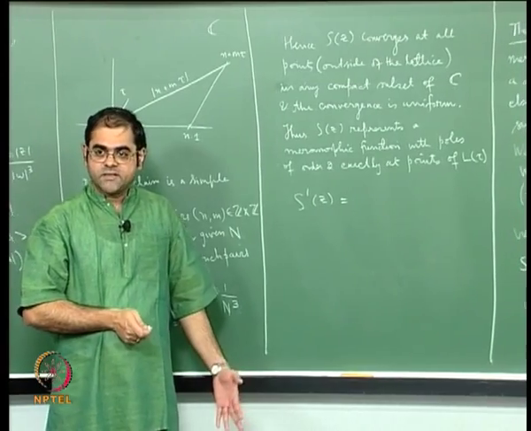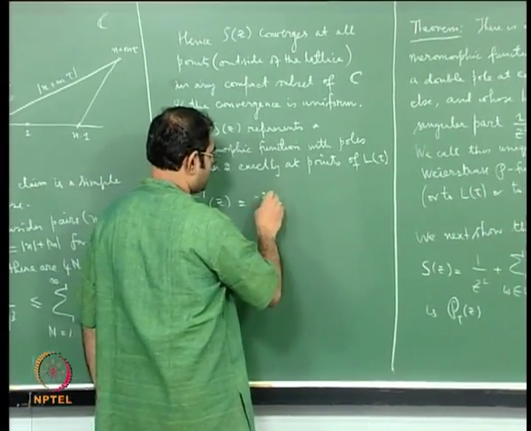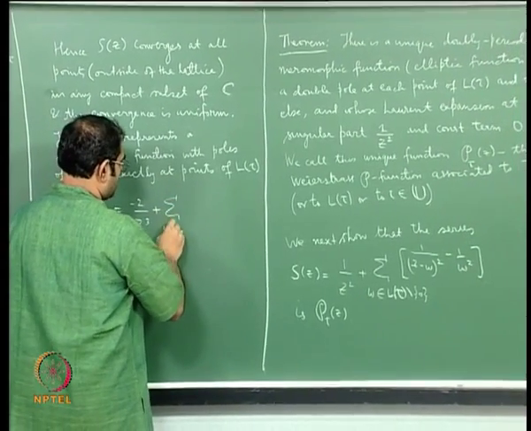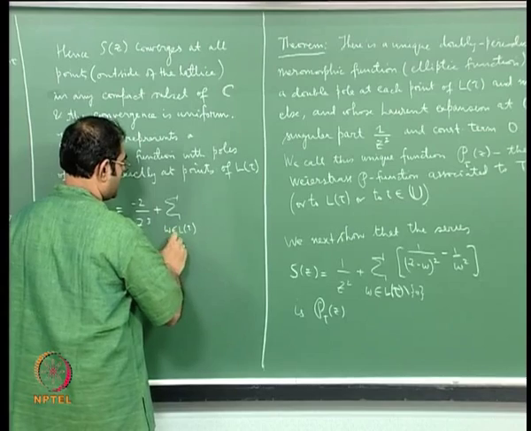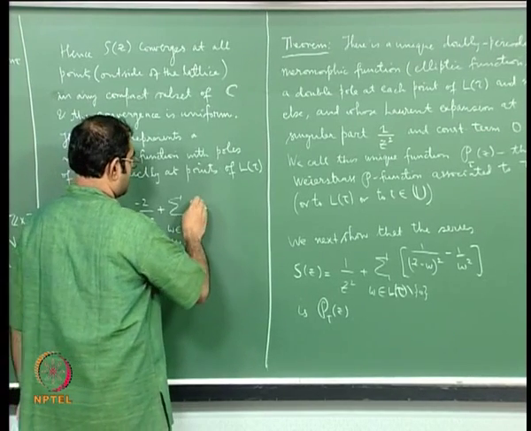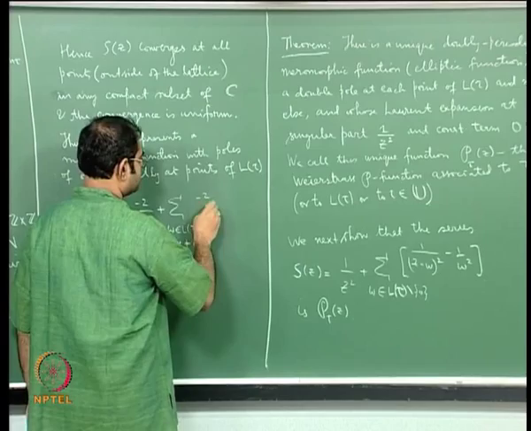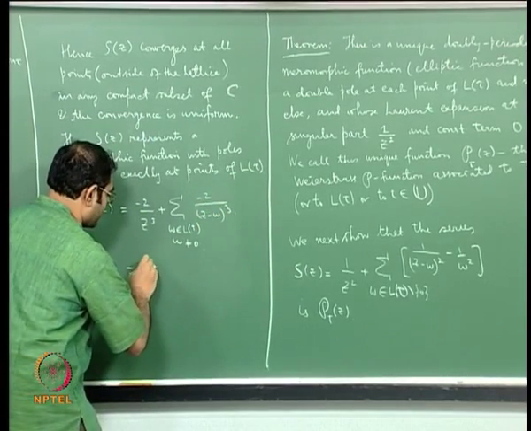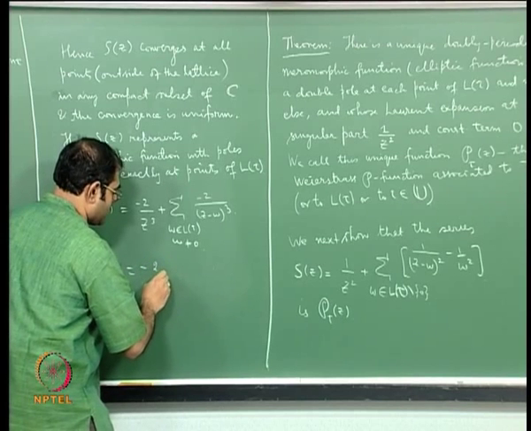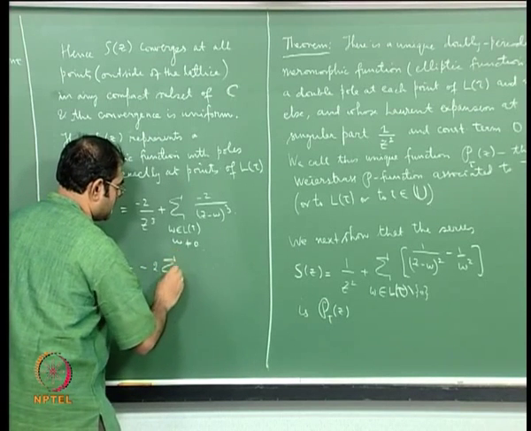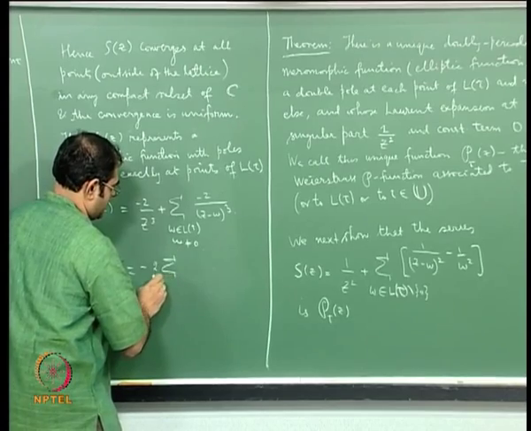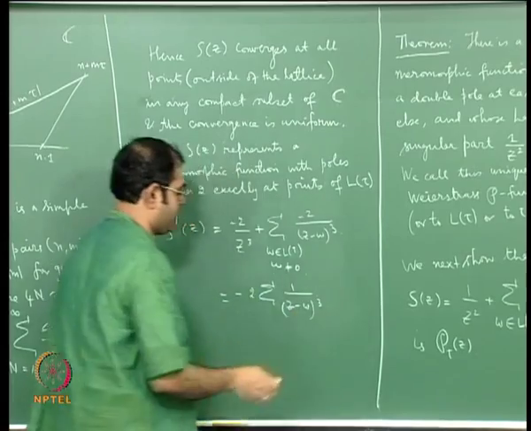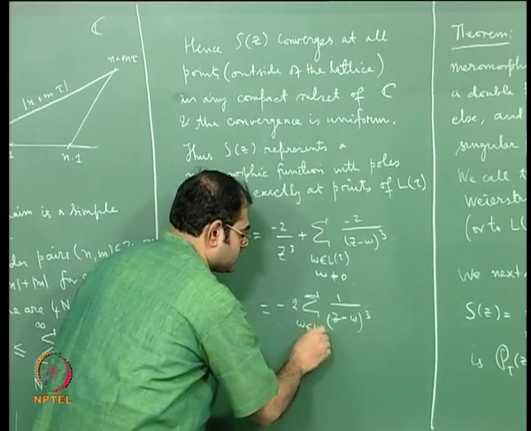So you get minus 2 by z cube plus summation over omega in the lattice, omega not equal to 0, of minus 2 by z minus omega the whole cube, and I can write this compactly as minus 2 sigma 1 by z minus omega the whole cube with omega in the lattice.